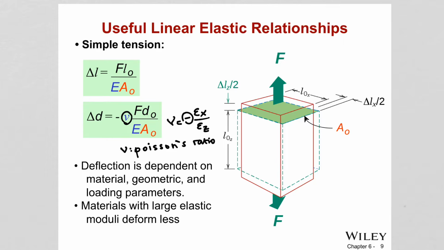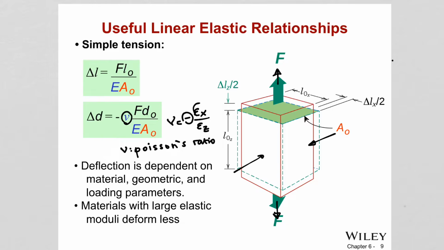The reason is when we elongate the sample in the z direction, remember it is compressed in the lateral direction, so the change in strain is actually negative because it's not elongating, it's under compression, right? It's contracting.